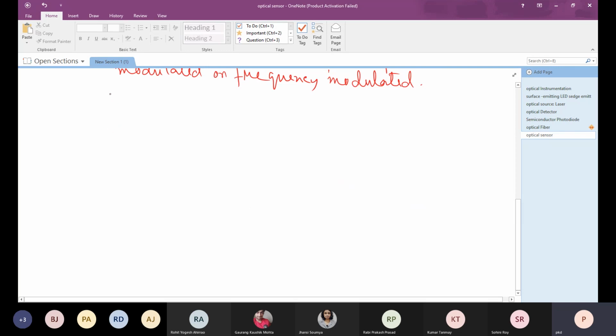So first we will discuss intensity modulated, because this is the simplest kind of scheme that can be made without much sophisticated source, detector or other kind of sensing elements.